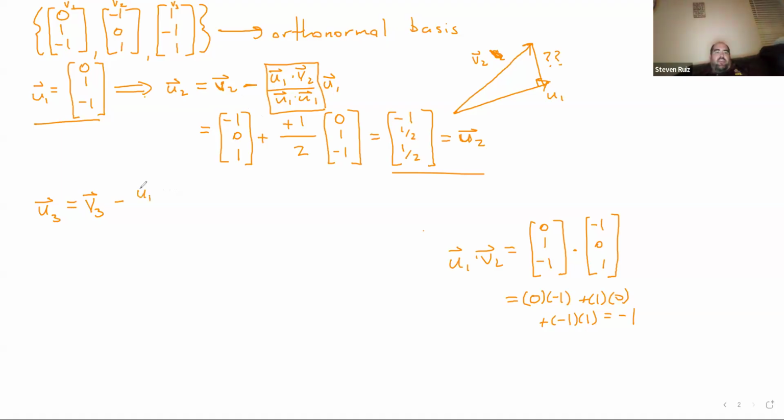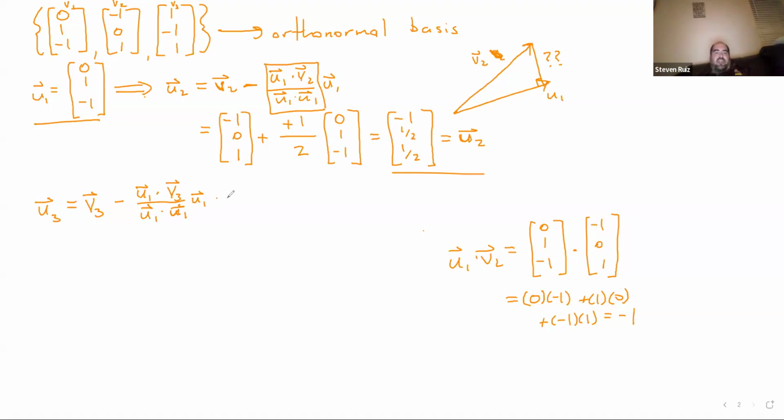So I'm going to dot U1 with V3 and basically find this thing we call the orthogonal projection. Or in my diagram here, what's the parallel piece? If I were to break down V3 into 2 parts, what's parallel to U1 and what's perpendicular to U1, I want to remove that parallel piece.